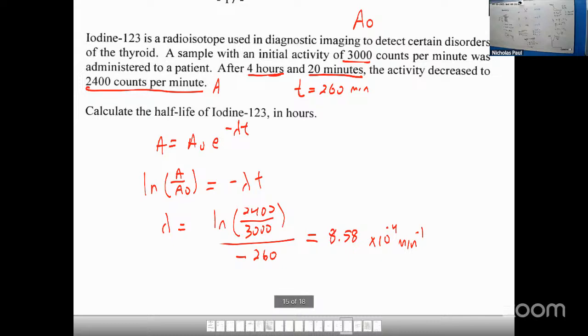And now you want to get half-life. Half-life will be ln 2 over lambda. We can work it out in minutes and then convert it. So that's ln 2 over 8.58 by 10 to the minus 4.